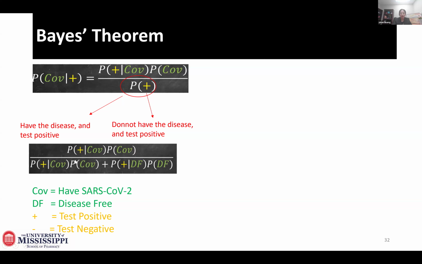So your denominator can be written as two parts. One part is having COVID-19 and being tested positive. And the other part is not having COVID-19, but still being tested positive, right? This is a combination of the possible positive results. It's a combination of the true positive and the false positive, right?